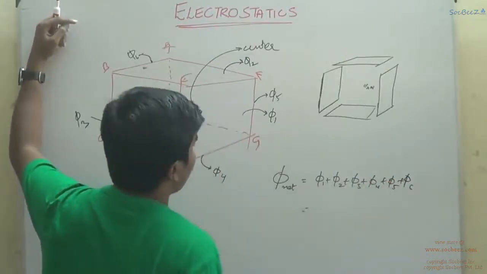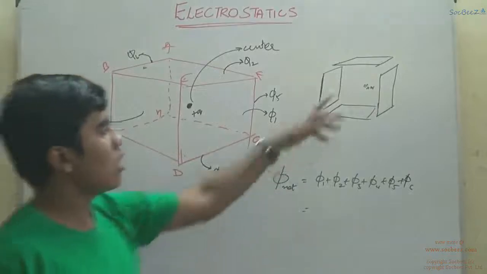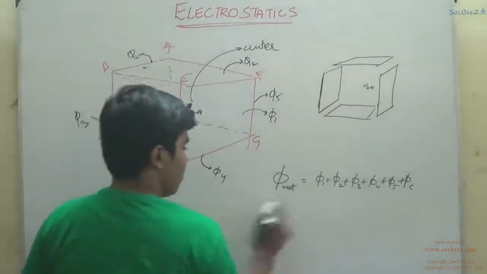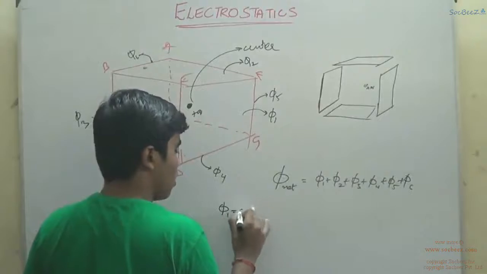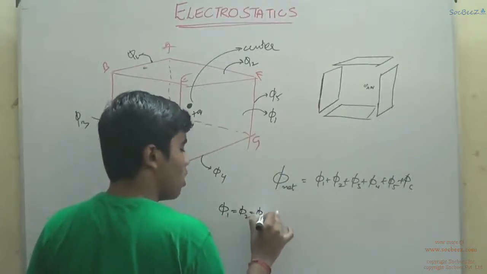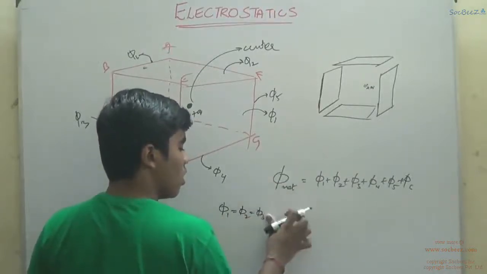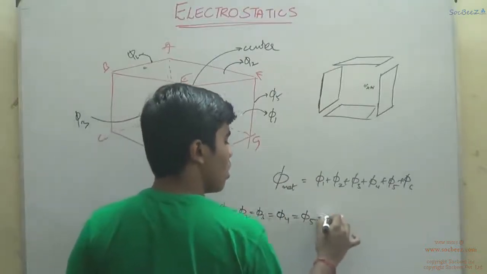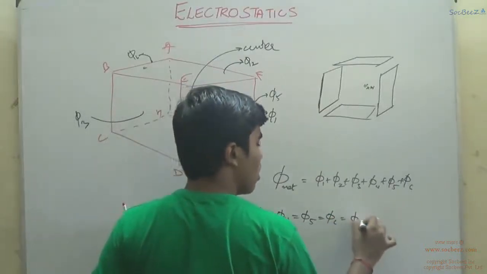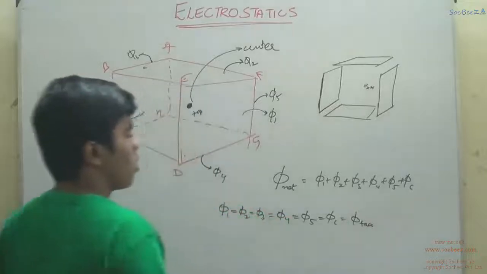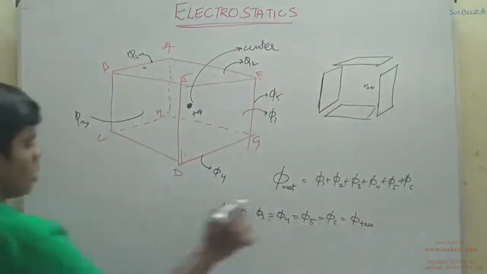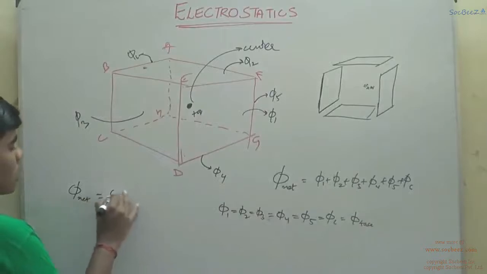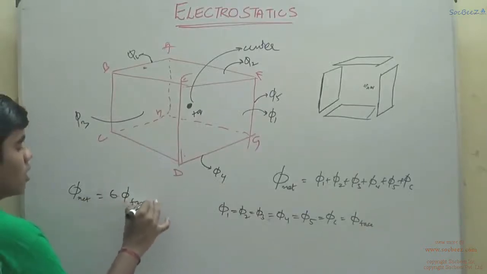But since all the faces are symmetrical with respect to the charge Q, it turns out that phi net is equal to 6 times phi of face.